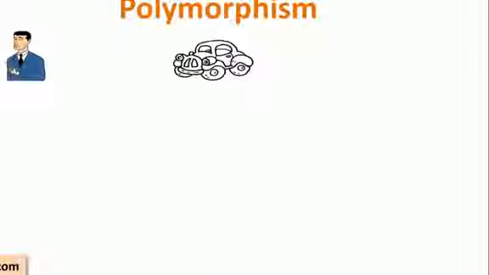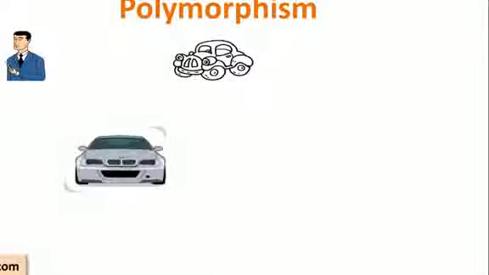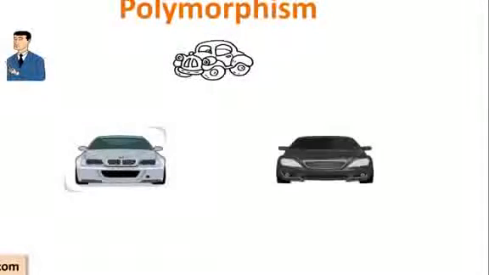Let us take a CEO who had a car when he started his business, and when the business started growing, he got two more new cars. One is a BMW and one is a Mercedes. So he has three cars now, and he has a driver as well.